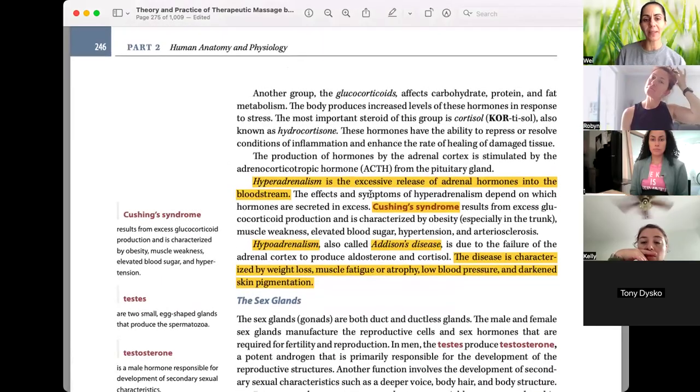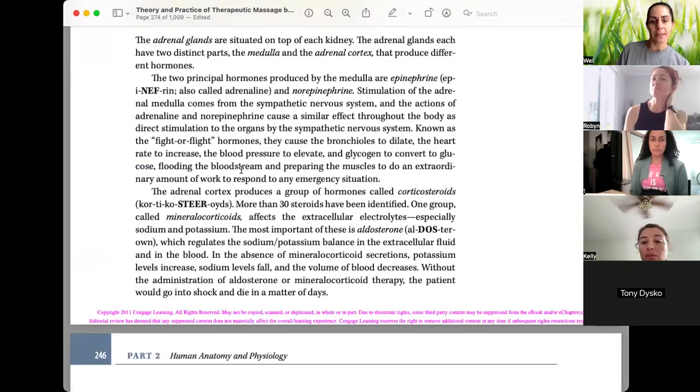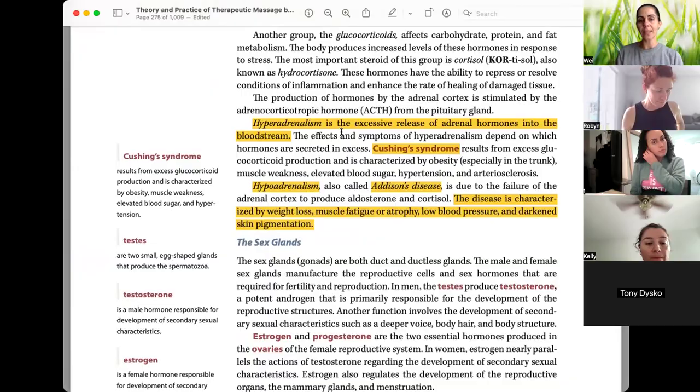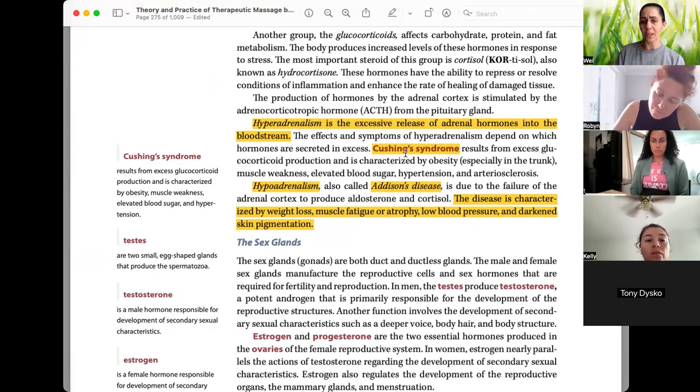All right. Now let's talk about the adrenal gland and its dysfunctions, also hyper and hypo. If it's hyper, then it's an excessive release of the hormone into the bloodstream, which we consider Cushing syndrome. So hyperadrenalism is Cushing syndrome. It results from excessive glucocorticoid production and is characterized by obesity, especially in the trunk, muscle weakness, elevated blood sugar, hypertension, and atherosclerosis.